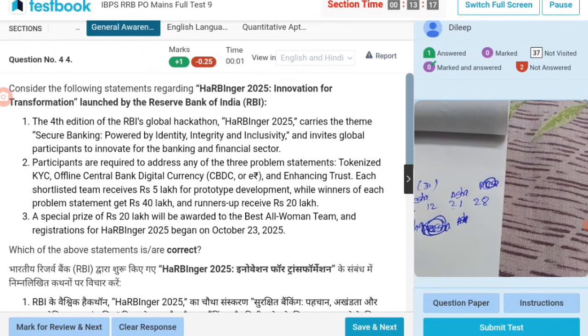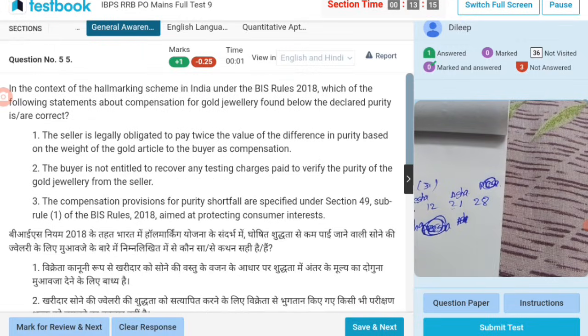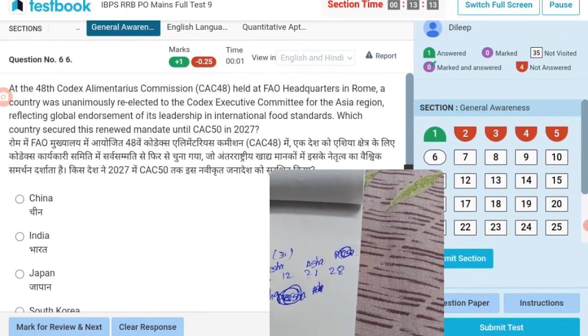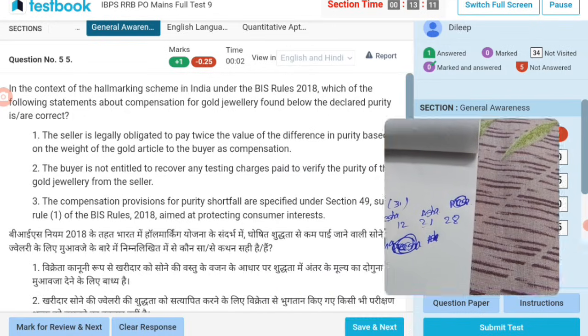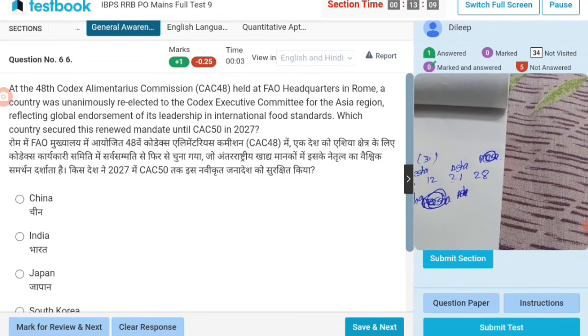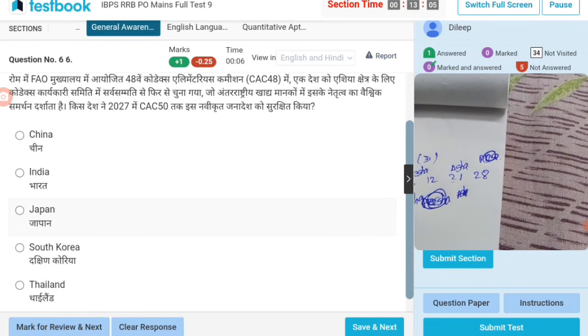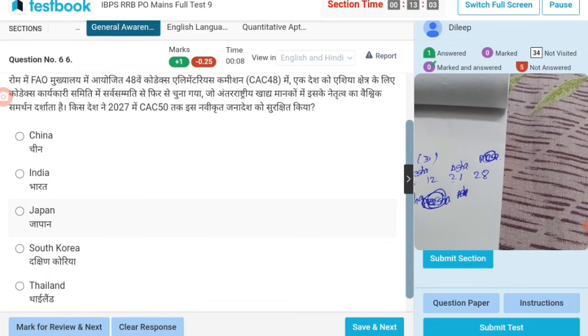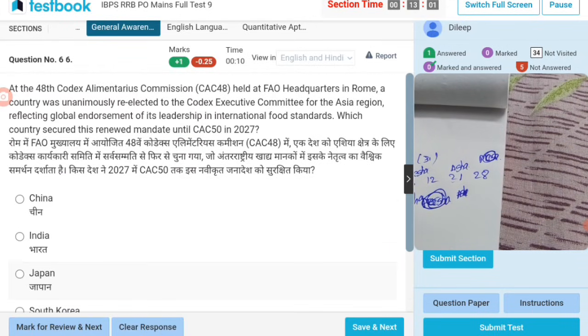Next. So, BIS rules. South Korea or China. The 48th Codex Alimentarius Commission was held at FAO headquarters in Rome.